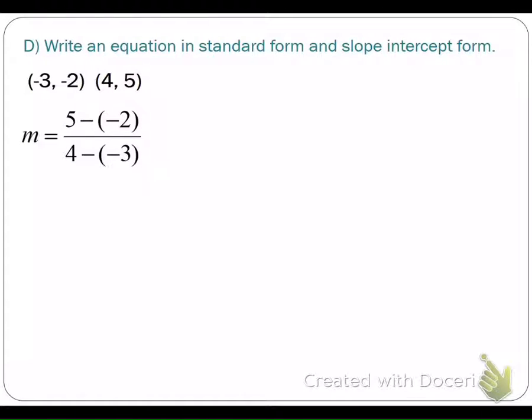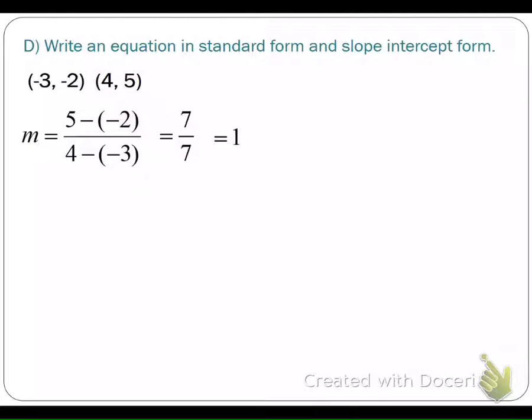Good. Subtract your y's. So 5 minus negative 2 over, subtract your x's, 4 minus negative 3. Up top, what do you get? 7. On the bottom, what do you get? 7. What's 7 over 7? 1. So my slope here is 1.